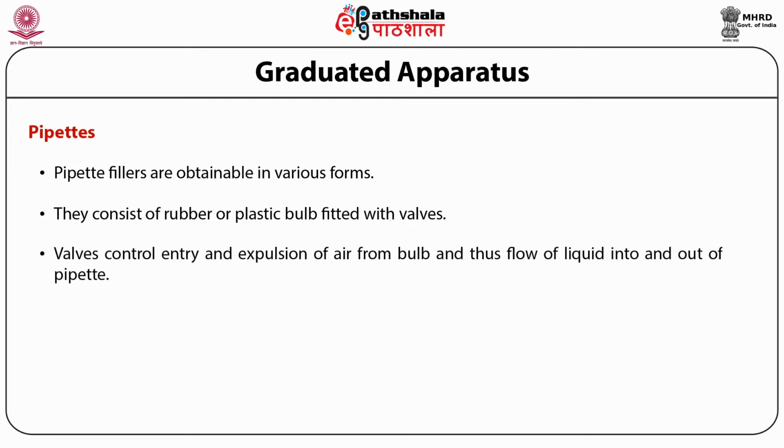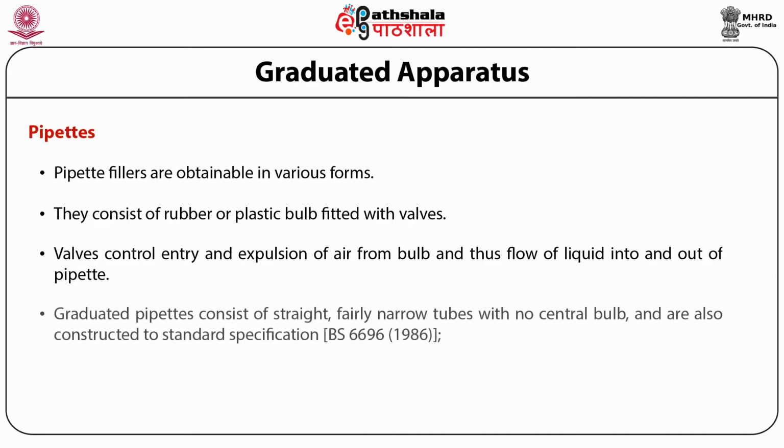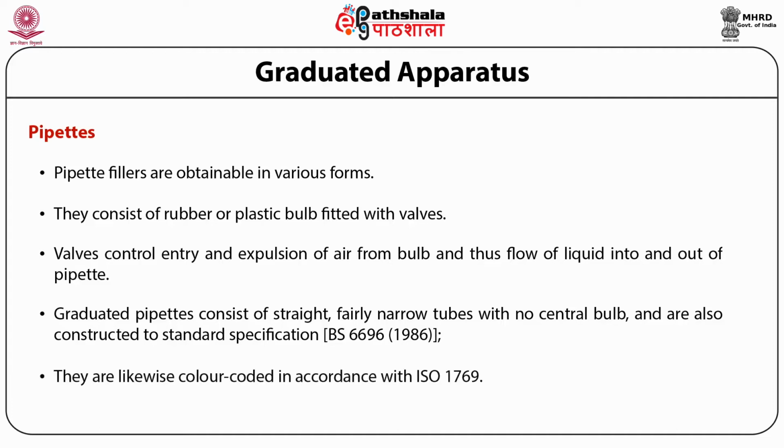These control the entry and expulsion of air from the bulb and thus the flow of liquid into and out of the pipette. Graduated pipettes consist of straight, fairly narrow tubes with no central bulb and are also constructed to a standard specification. They are likewise color coded in accordance with the ISO.